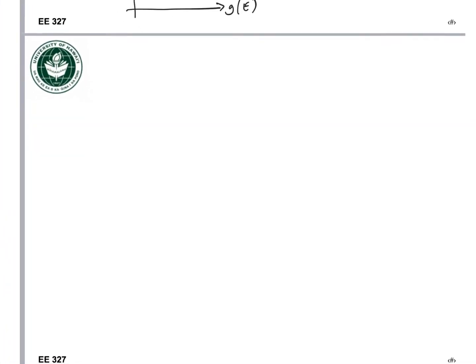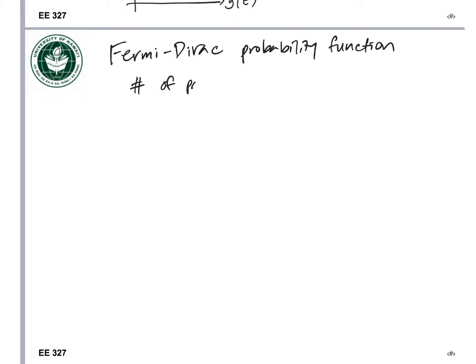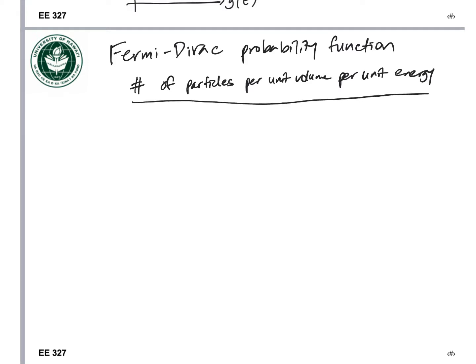Okay, so we still need another piece of this puzzle, and this was mentioned in the last class as well, which is the Fermi-Dirac probability function. And this is going to tell us a ratio of the number of particles per unit volume per unit energy to the number of quantum states.